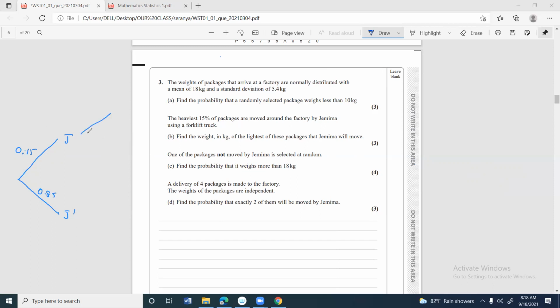The second package can be Gemini or not Gemini, 0.15 and 0.85. This one also Gemini and not Gemini, and the third package, Gemini, not Gemini. All the Gemini ones are 0.15 and not Gemini 0.85.